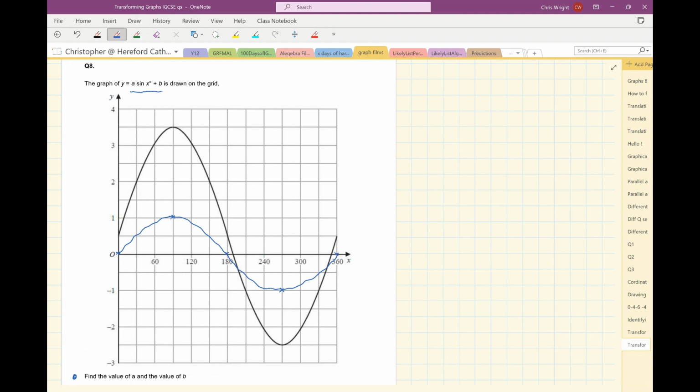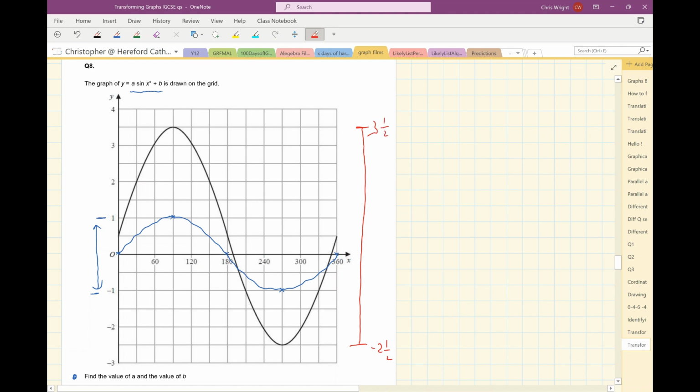Now, I see that the graph of y equals sine x varies between -1 and 1, whereas my new graph has values between -2.5 and 3.5.